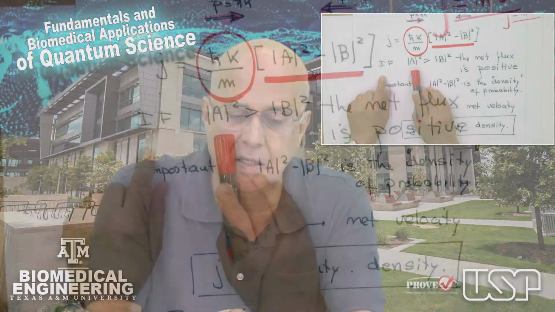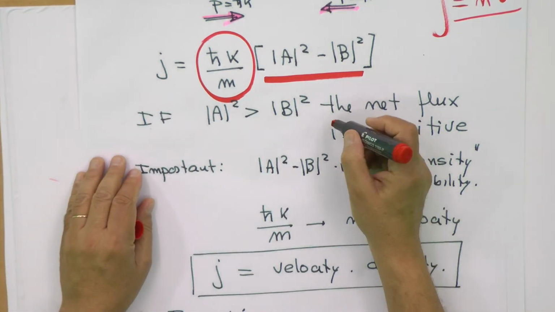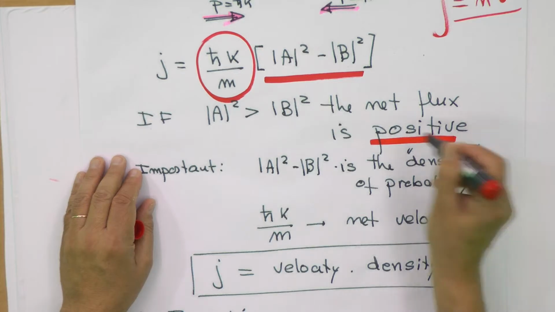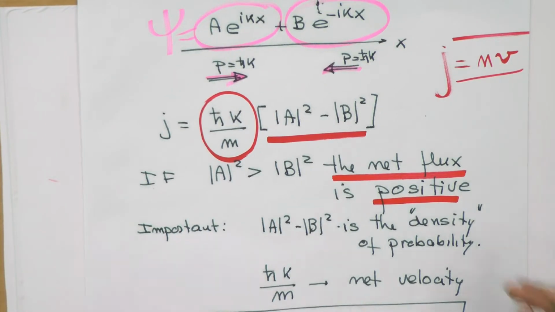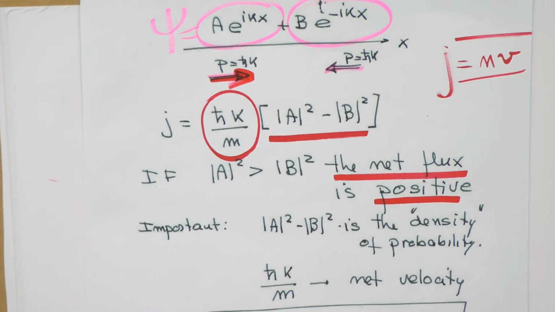Now, if A squared is bigger than B squared, it means there is a net positive flux, which means more particles are coming this way than going back, because this part represents the particle going that way.